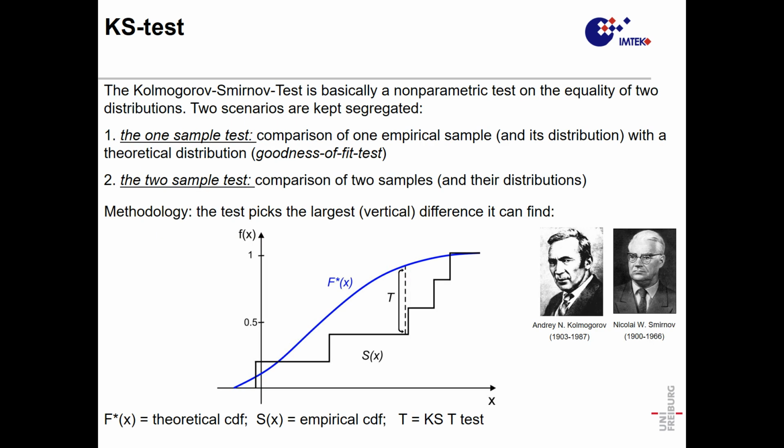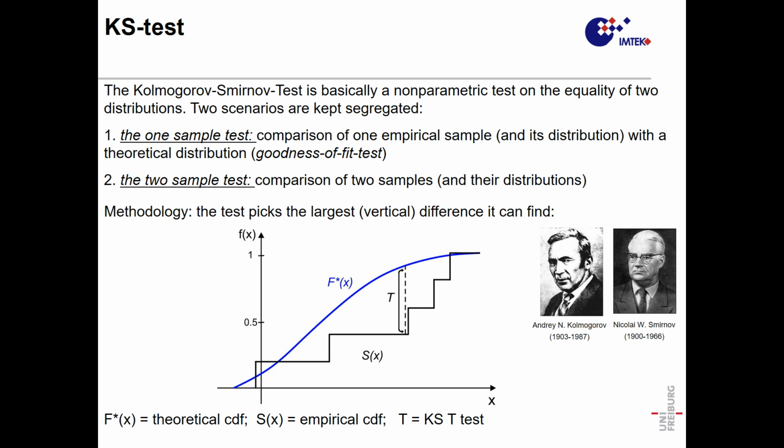So let's start. What is it good for? Kolmogorov-Smirnov is the same idea as the chi-square test. We would like to have a comparison between two samples, or between a sample and a given distribution.